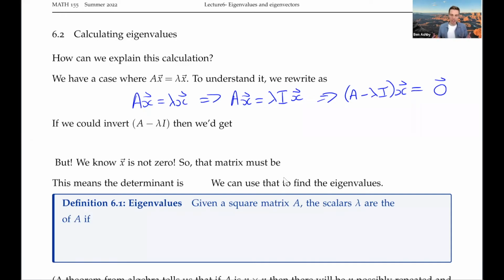This matrix here is just some other matrix B. So if we could invert this matrix, then we'd get x is equal to the inverse of A minus lambda I times 0, which is equal to 0.